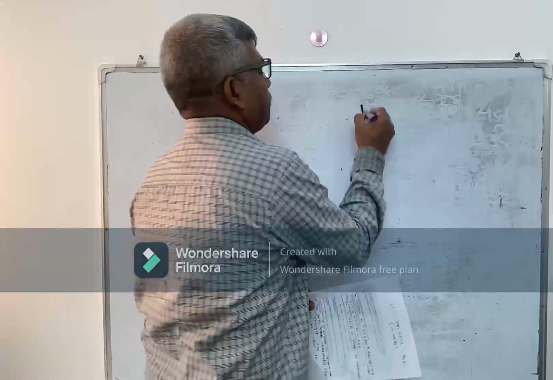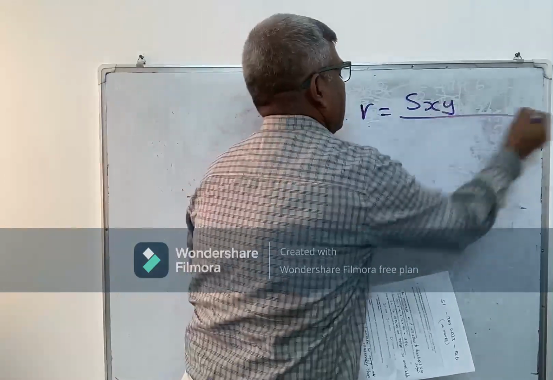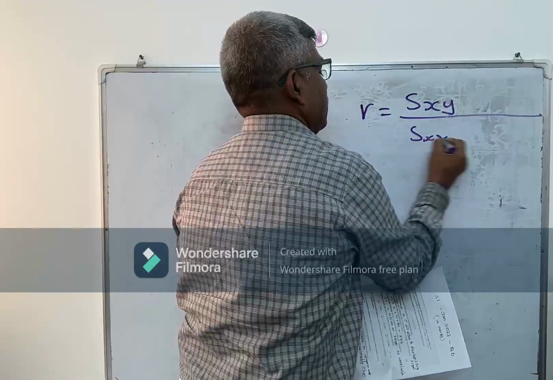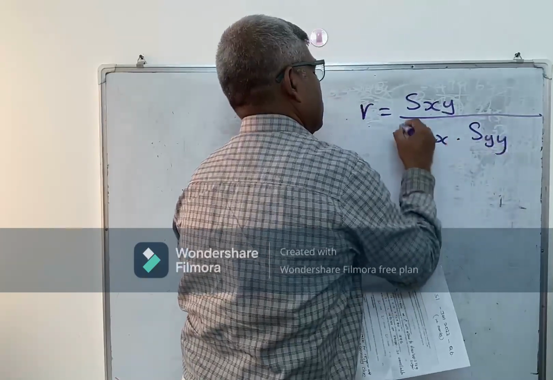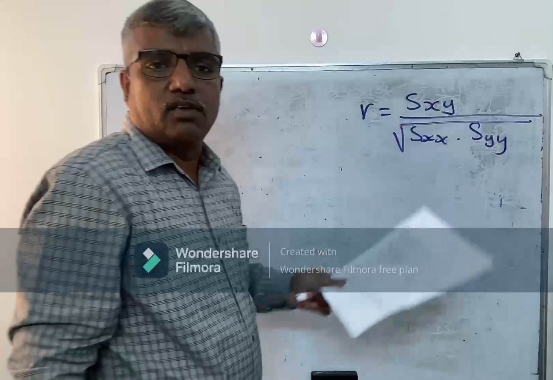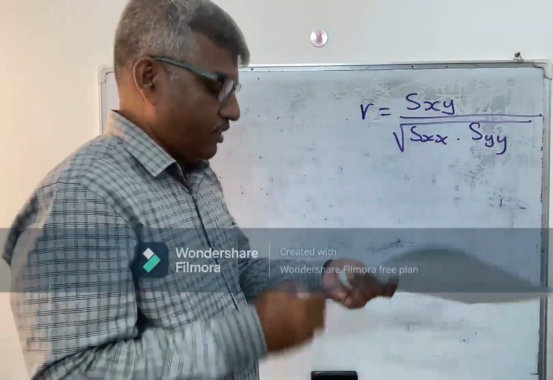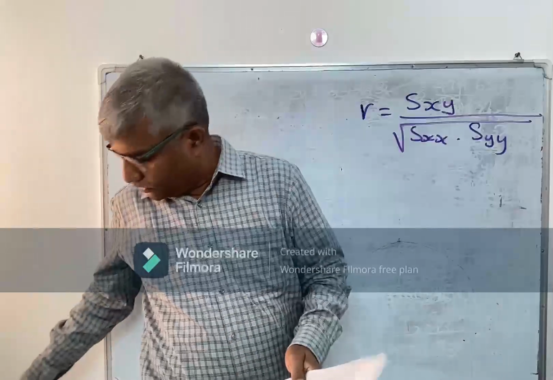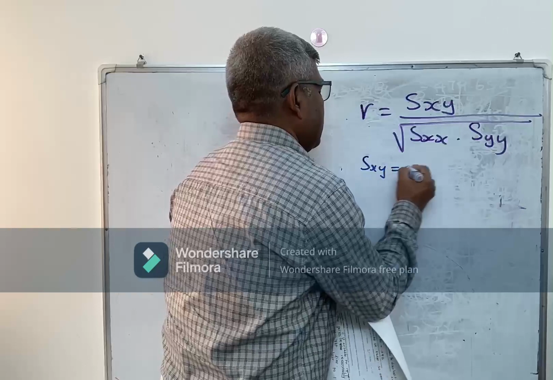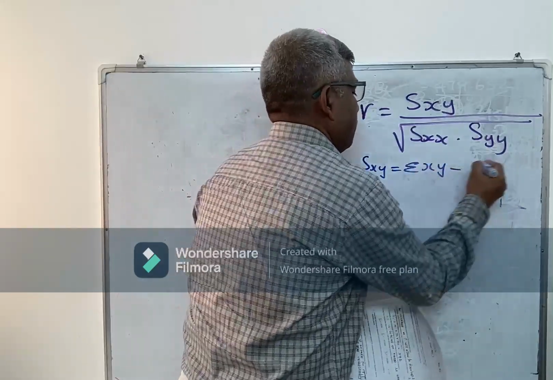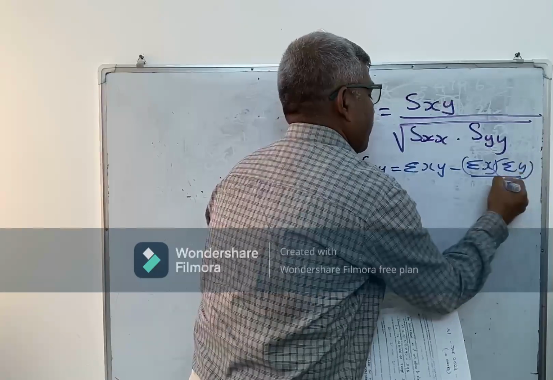What is our product moment correlation coefficient? r equals Sxy over the square root of Sxx times Syy. What is Sxy? Sigma xy minus sigma x times sigma y over n.